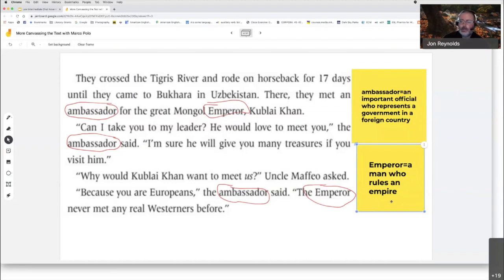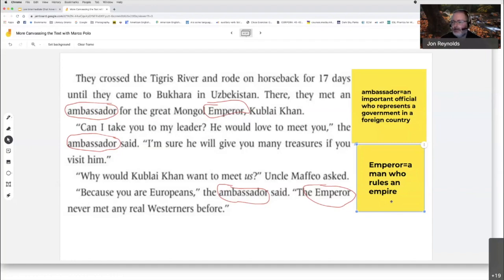I asked you questions about the meanings of these words. When they say for 17 days, I asked you, do they mean 17 continuous days? And you said, no, probably they stopped. But did you notice I was talking? I was reading the story, but I was also talking to you. That's what active reading is. Now I can remember some of this information better.